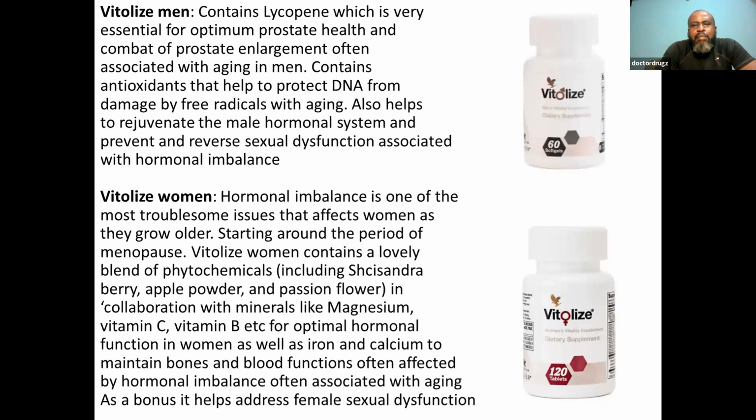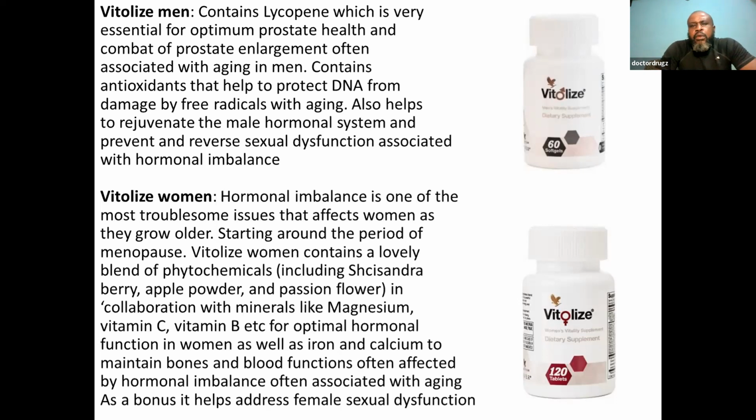Now, Vitalize Men and Vitalize Women. Bear in mind that aging can also lead to a problem in men called benign prostatic hyperplasia. It's actually natural for men's prostates to enlarge as they get older, but we won't want that to happen faster than normal, because that will mean that a man in his 40s will begin to have issues with urination, as well as maybe accumulation of kidney stones and other kidney issues as a result of increased concentration or poor urine flow and output.